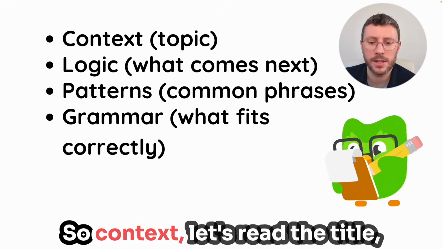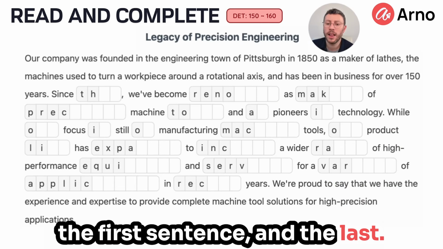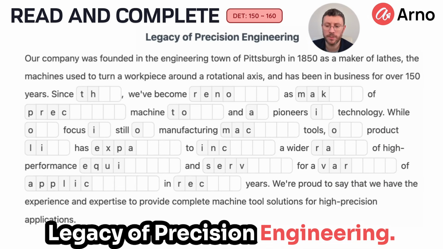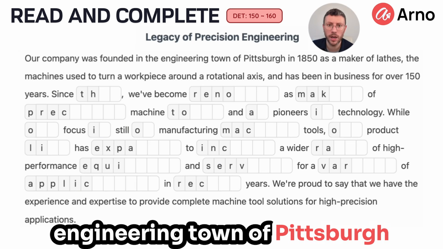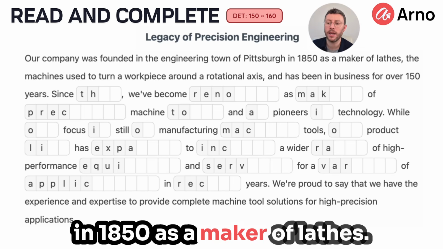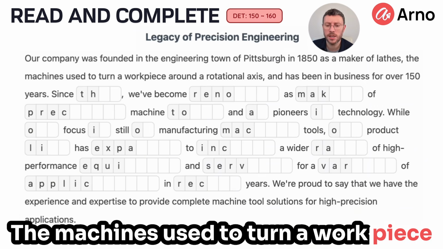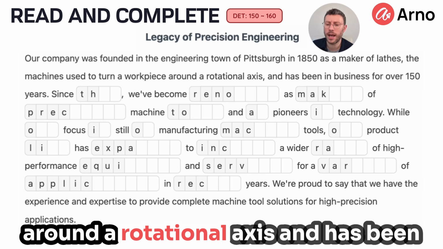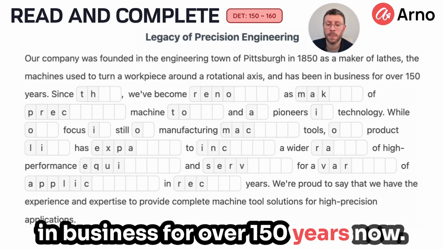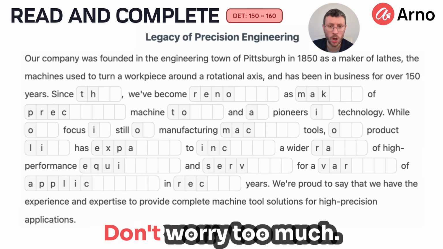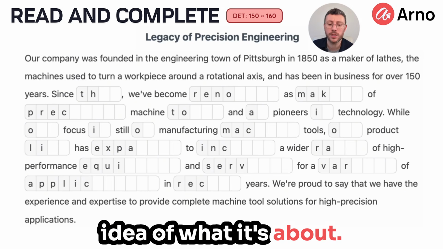So, context. Let's read the title, the first sentence, and the last. Legacy of precision engineering. Our company was founded in the engineering town of Pittsburgh in 1850 as a maker of lathes, the machines used to turn a workpiece around a rotational axis, and has been in business for over 150 years. Now there are some difficult words here. Don't worry too much. Let's just get the general idea of what it's about.